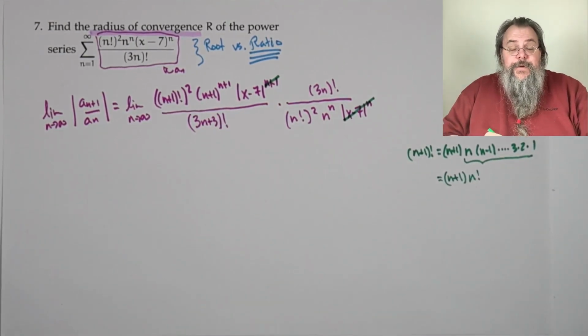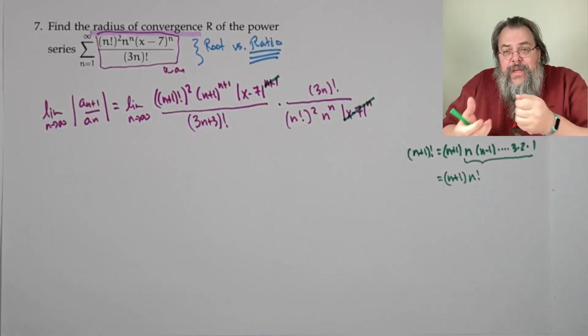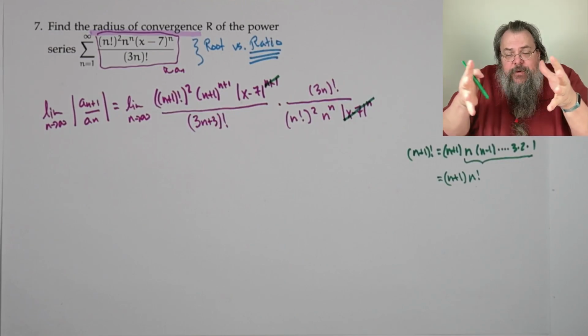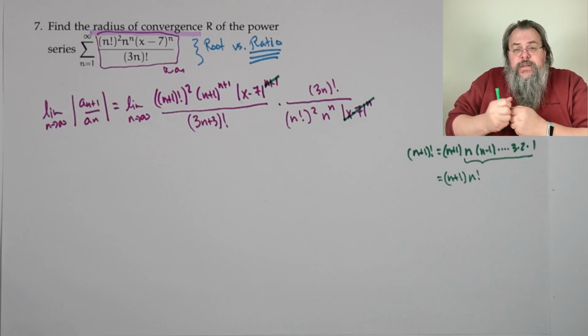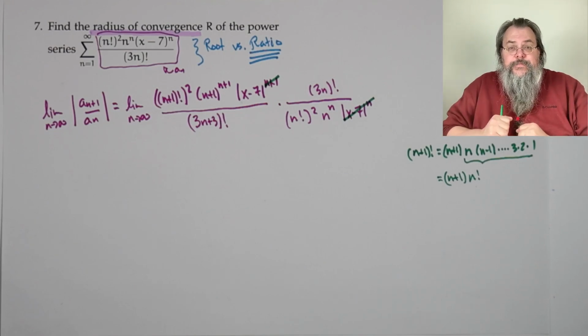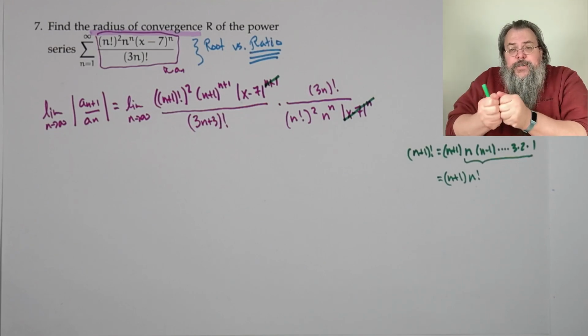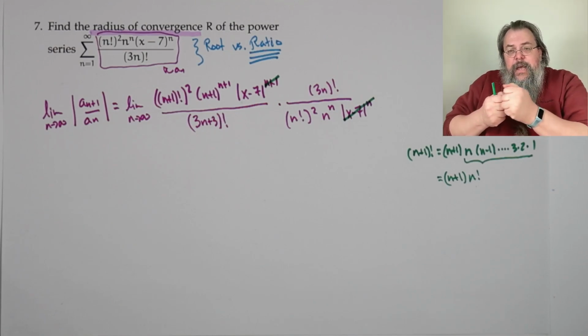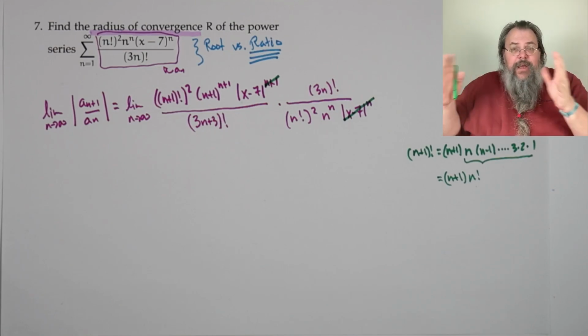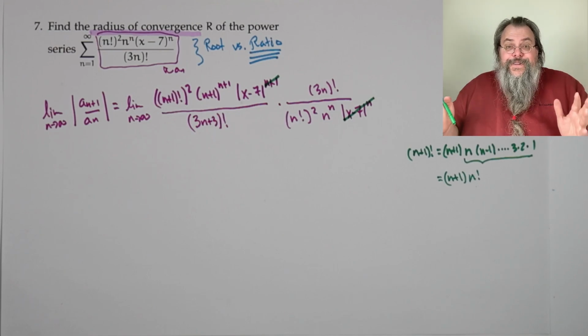And here's the beautiful idea. This n plus 1 factorial is a lot of things multiplied together. Let's just pull off the first term and leave the rest as a factorial. But I didn't have to stop at the first term. I could have pulled off a couple terms, and then what's left is a factorial.